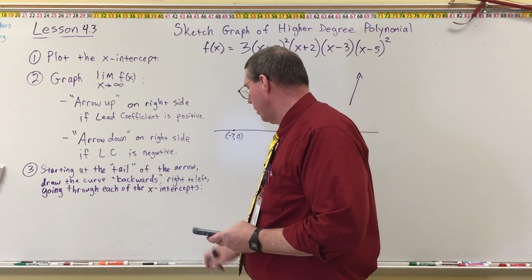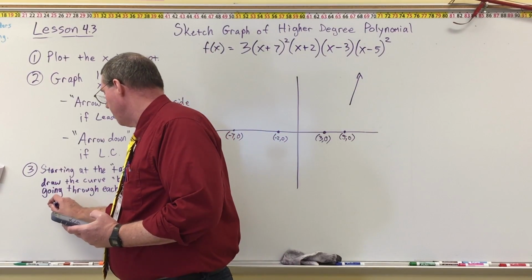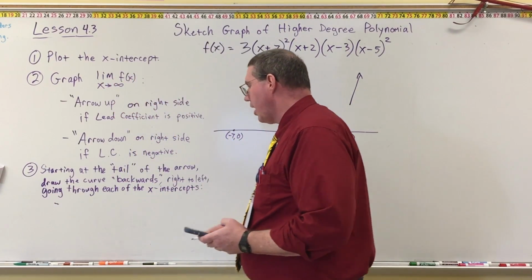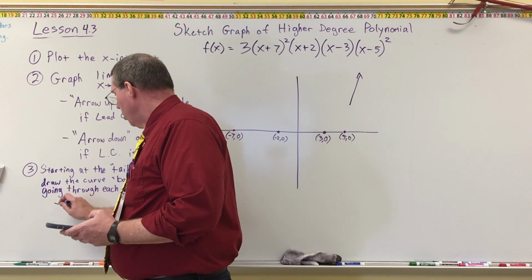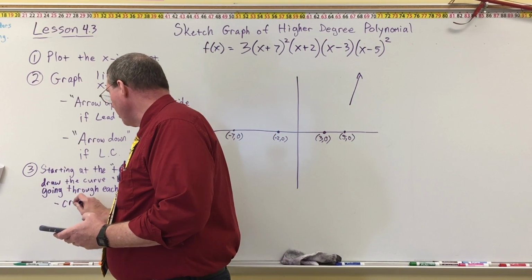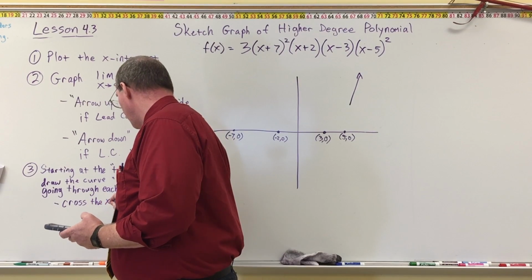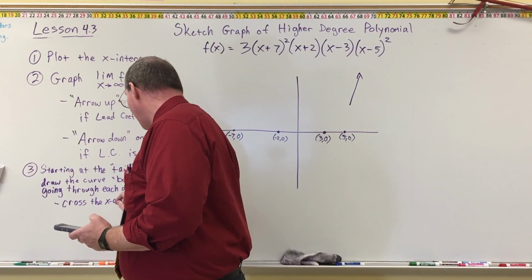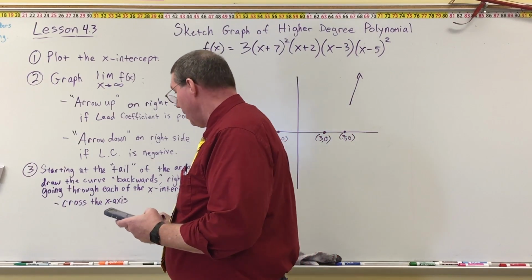I'll make that one a colon, actually. And now I have two things to say here. When you approach each x-intercept, you have to make a choice. You're going to cross the x-axis at the x-intercept. Go ahead, say it.